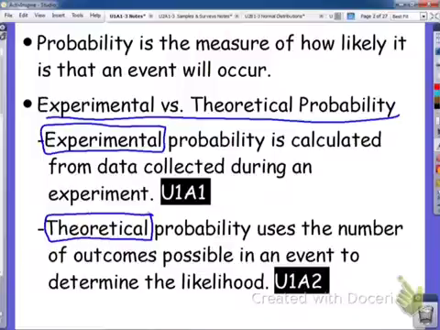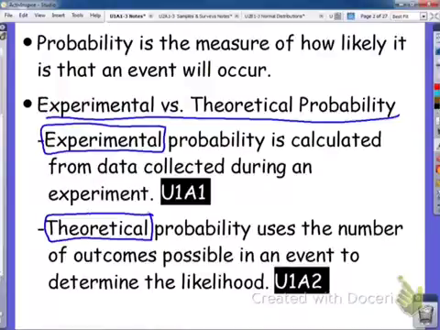But theoretical probability is more like taking a coin and flipping it, or taking a number cube, a die, and rolling it, and figuring out which number comes up. This is theoretical probability.